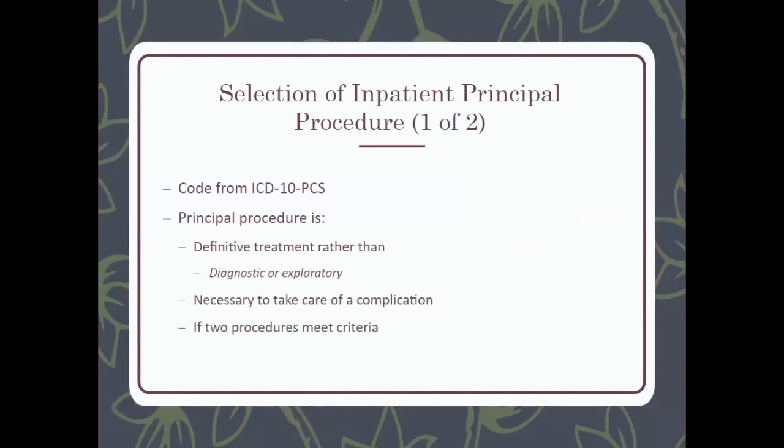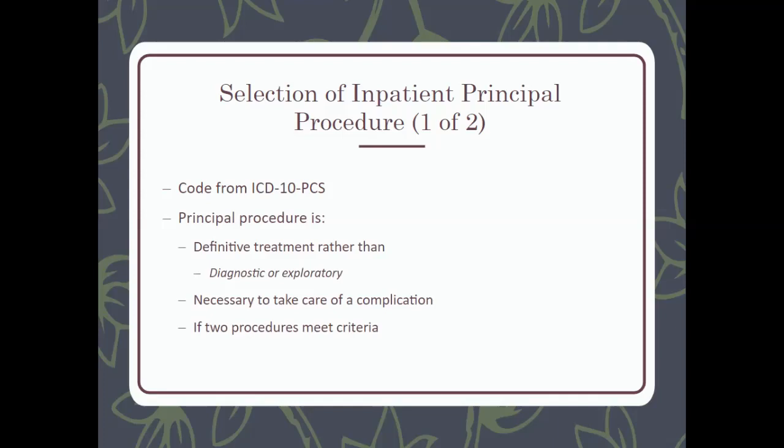So we're going to talk about the selection of inpatient principal procedure. Codes from the ICD-10 PCS. Principal procedure is definitive treatment rather than diagnostic or exploratory, which means it's definitive what they're being treated for. They know exactly what's going on. Necessary to take care of a complication.